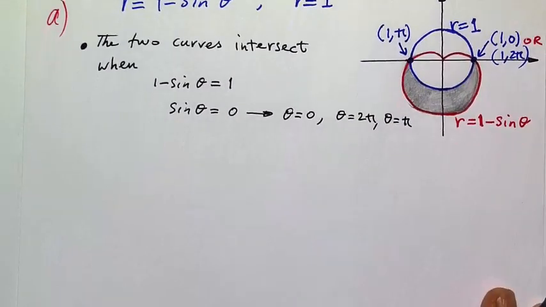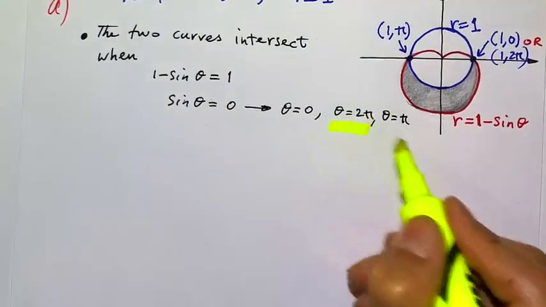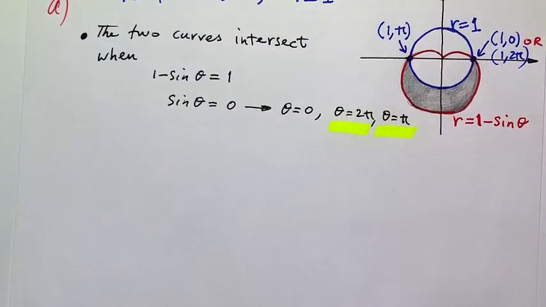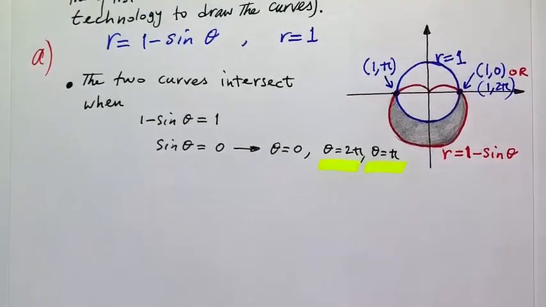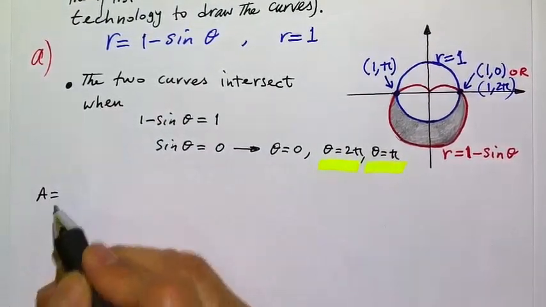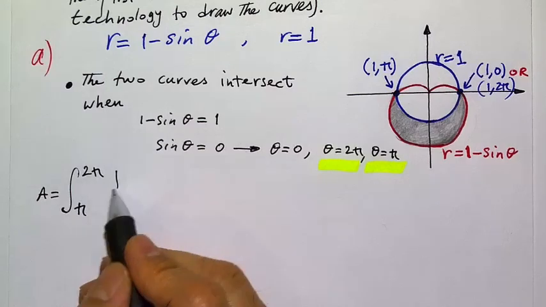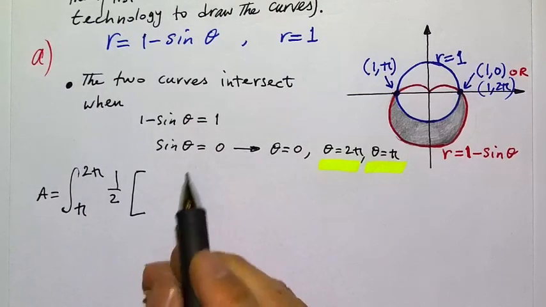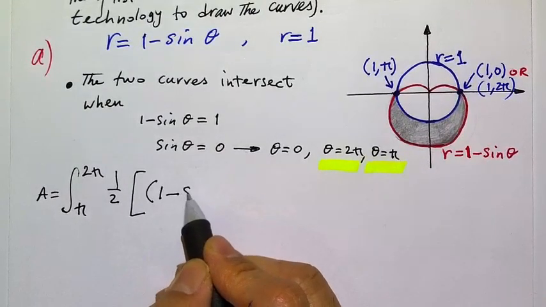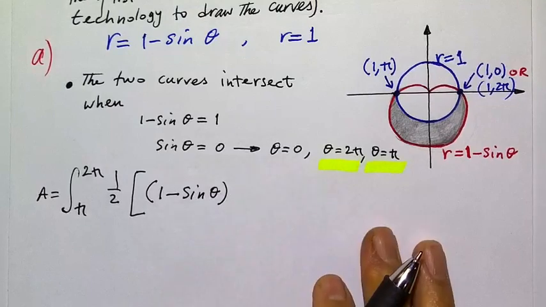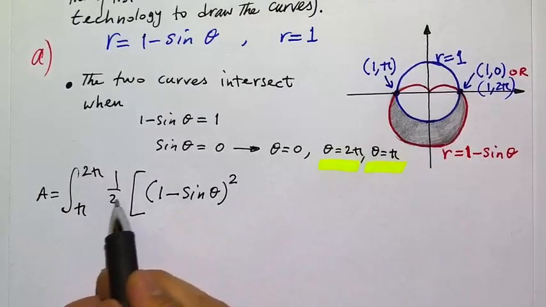So I'm just going to underline these two. All right, so our integral would be A equals the integral from pi to 2 pi of 1/2, and the first curve is 1 minus sine of theta, squared, and I factored out the 1/2.